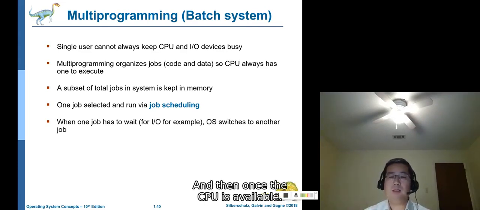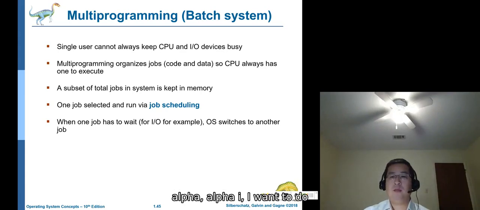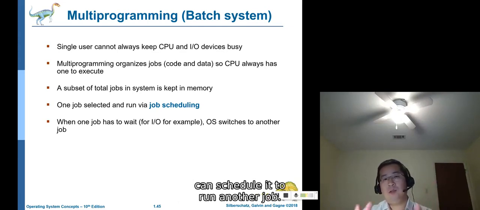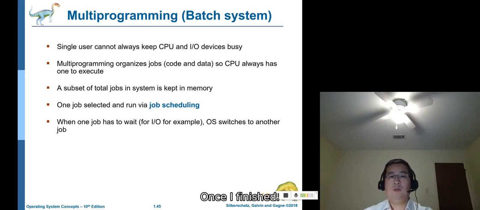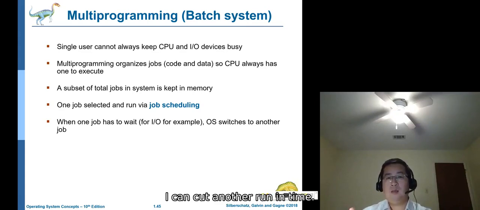And then once the CPU is available, for example, I'm doing the CPU work first. After a while, I want to load more data or print, so I don't use the CPU. So the CPU can schedule another job to run. Once I finish, maybe I need to queue again, and then I can get another running time.